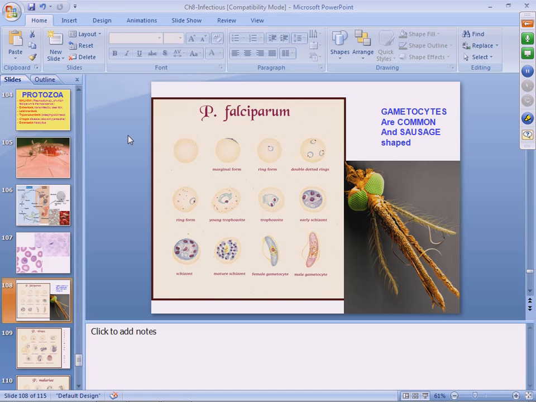Here are some ring forms, here are the schizonts, you can see the difference. Here are the later stages, the gametocytes.